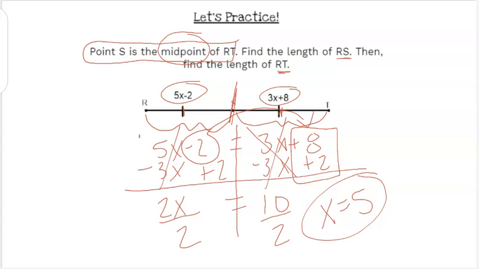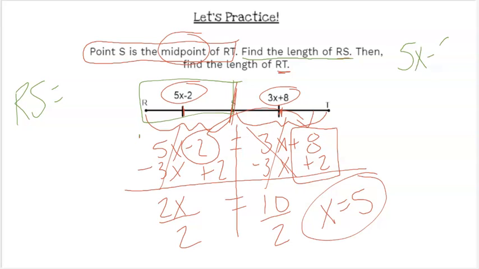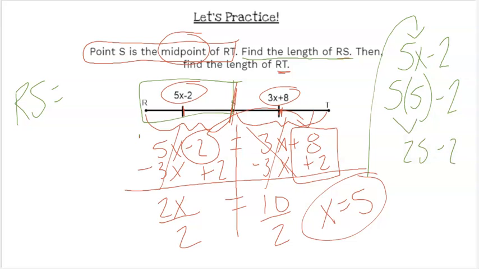We have to ask ourselves, what did we want to find? We wanted to find the length of RS. RS is this piece right here, which is equal to 5x minus 2. So we can put x in and evaluate. Replace x with 5, and we get 5 times 5 is 25, minus 2 is 23.